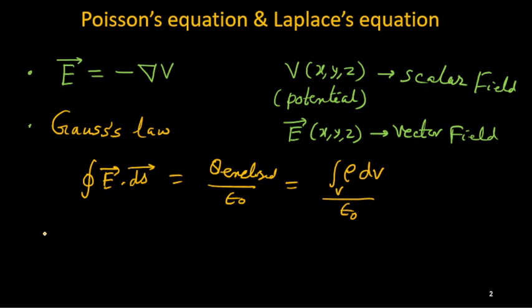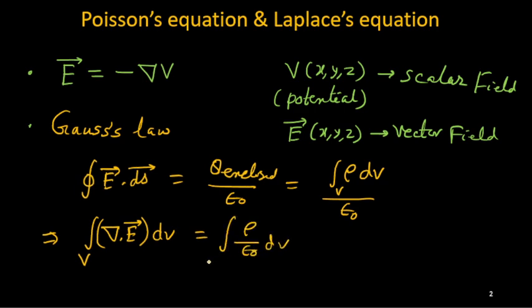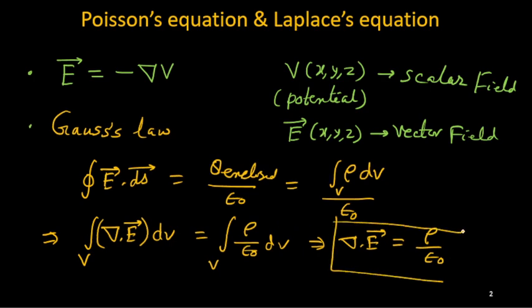Over volume V, it will be del dot E, the divergence of E, dV. On this side I can write rho upon epsilon naught dV over volume V. Now if I compare these two, what we get is del dot E equals rho upon epsilon naught. So this is the differential form of Gauss law.